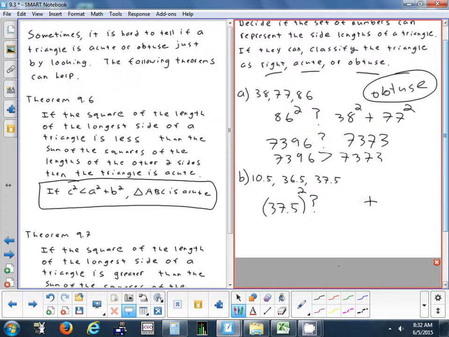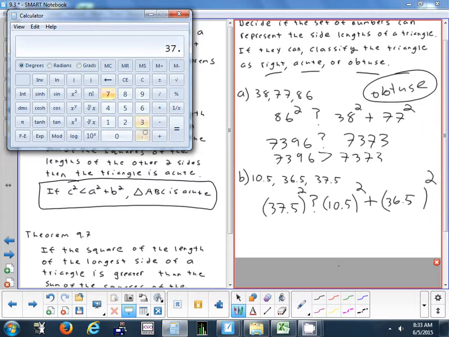And what about on the right? 10.5 to the second, plus 36.5. Now, eyeballing it quickly, 36 and a half is almost as big as 37 and a half. So this number is going to be pretty big, and then you're going to add more to it. So my guess is the right-hand side is going to be bigger than the left. I think we're going to need a less than this time. But let's check.